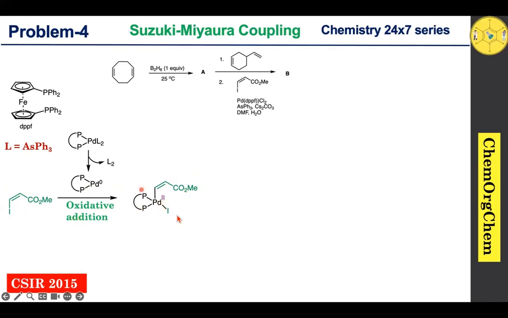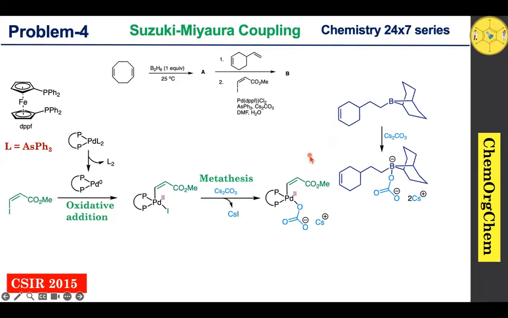Now this palladium 2 complex undergoes a metathesis reaction with cesium carbonate, kicking out cesium iodide to produce this corresponding complex. In general, metathesis reaction means ligand exchange takes place. Here you can see that this carbonate now coordinates with palladium, kicking out cesium iodide. Under this metathesis reaction, the oxidation state of the metal never changes.